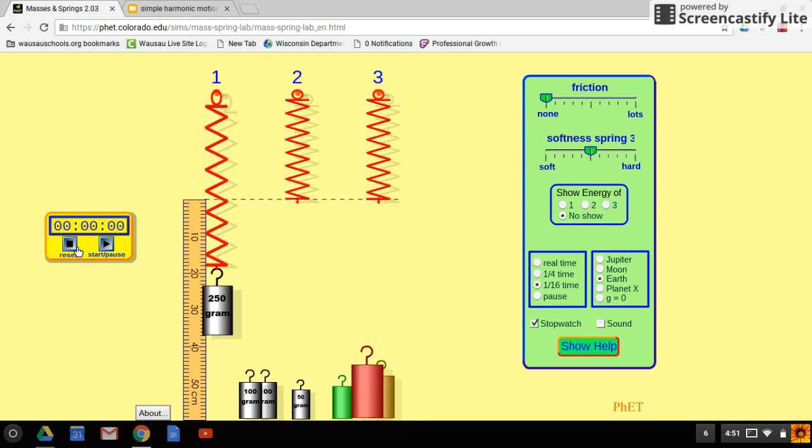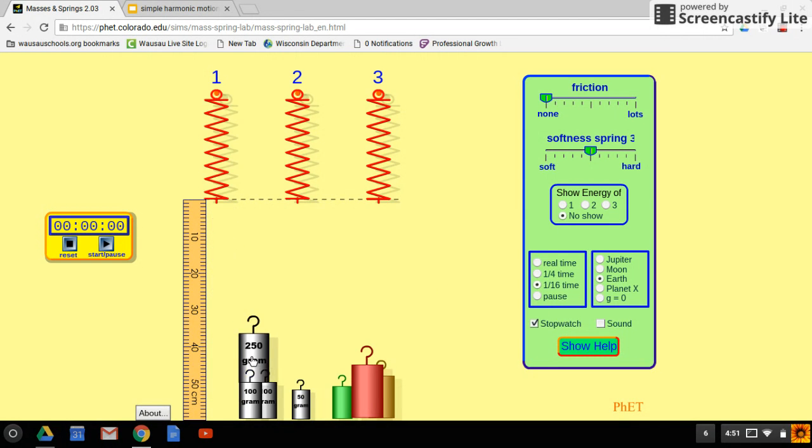Now, I'm going to start over, and we're going to test some different variables here. We're going to test how masses affect the period, how much stretch, and all that stuff.